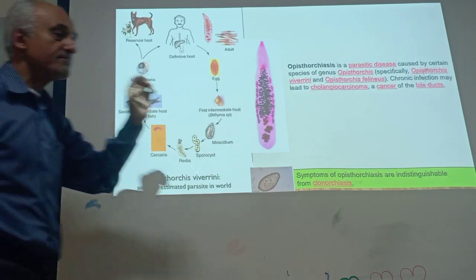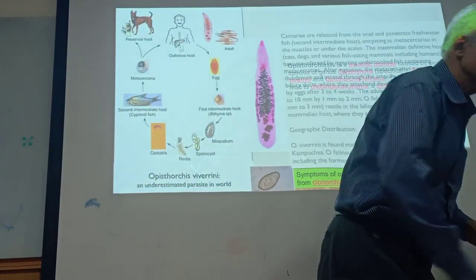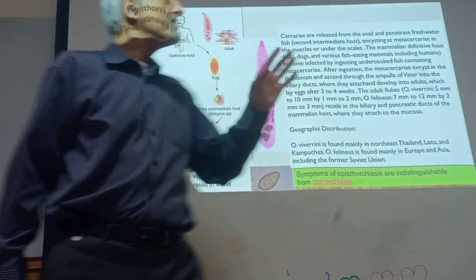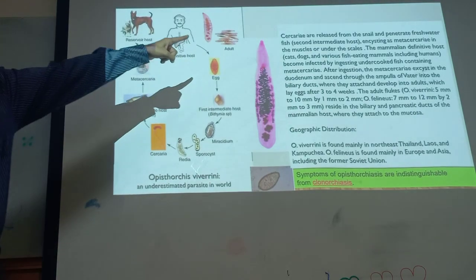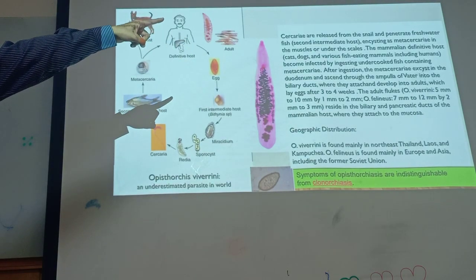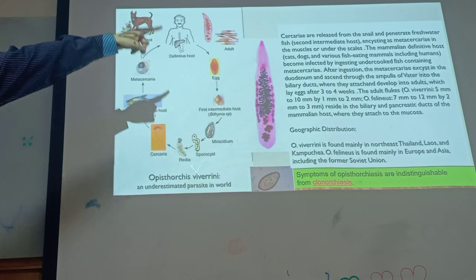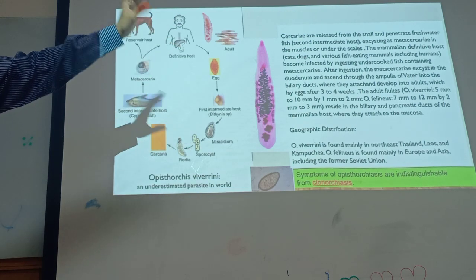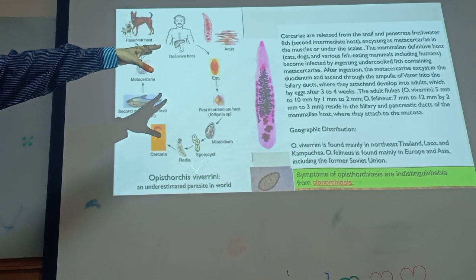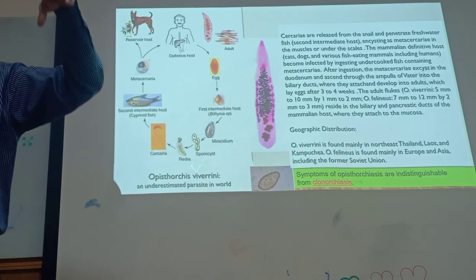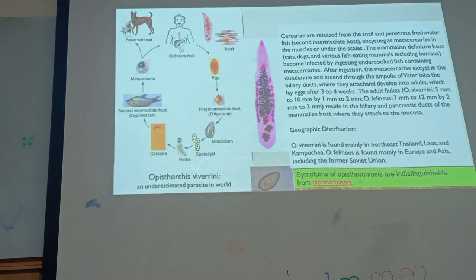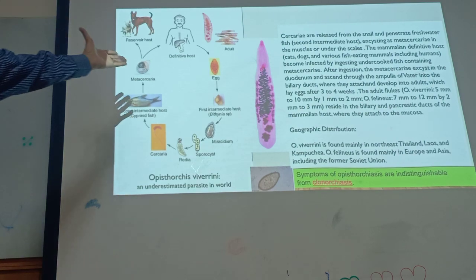This is very important. Here, cercariae are released from the snail and penetrate freshwater fishes, encysting in the muscle of the fishes.